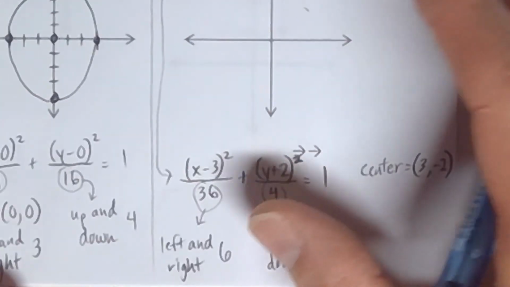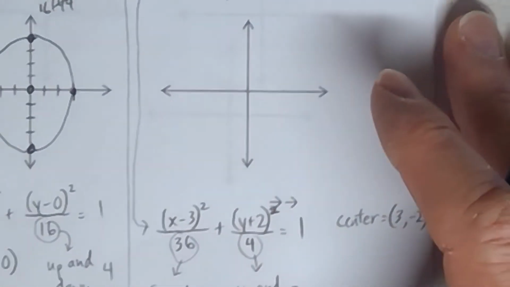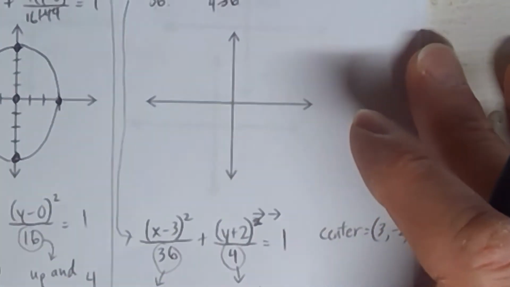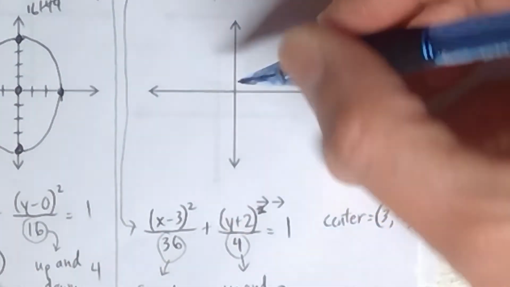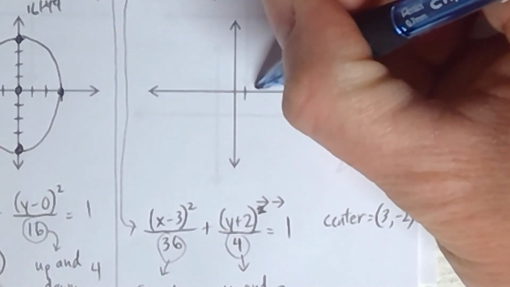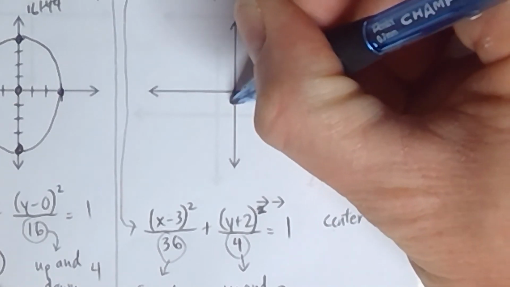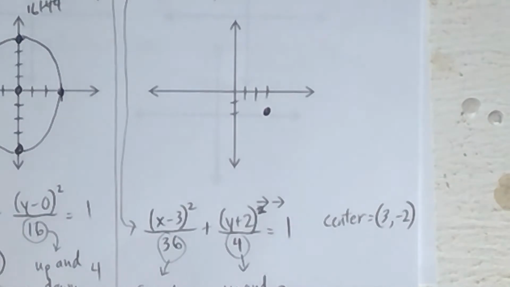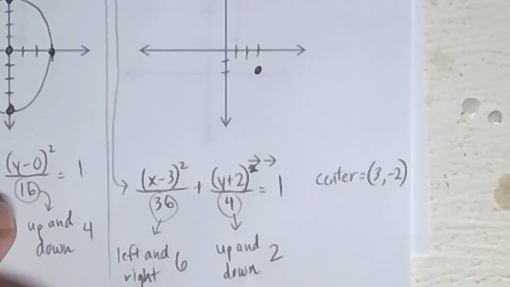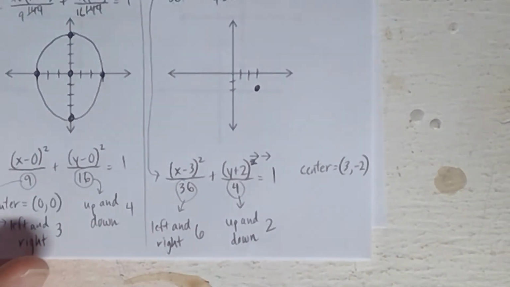Okay, so what I do is I graph, where is it? Oh, 3, negative 2, here we go. 3, negative 2. Right there. And then it says left and right 6. Let me zoom out there. There we go.